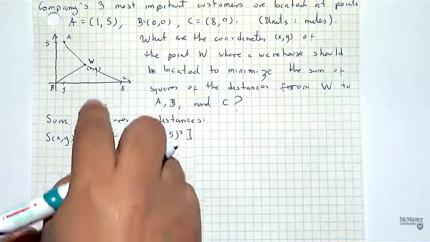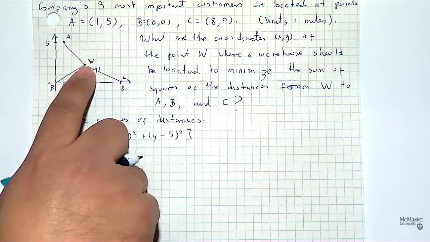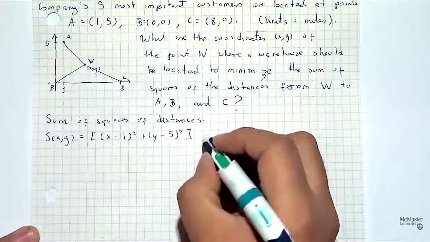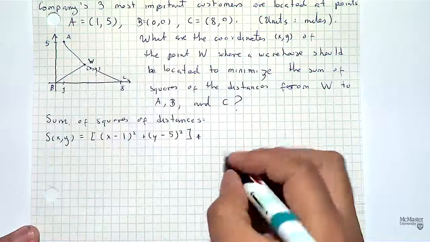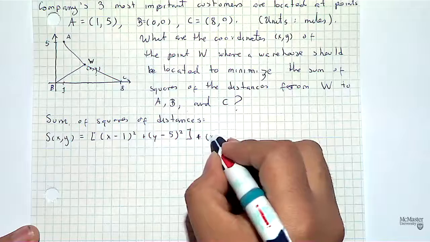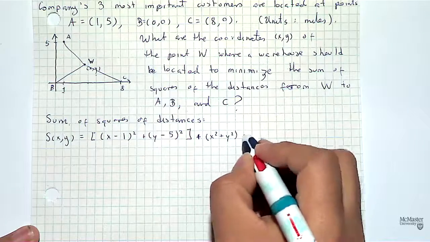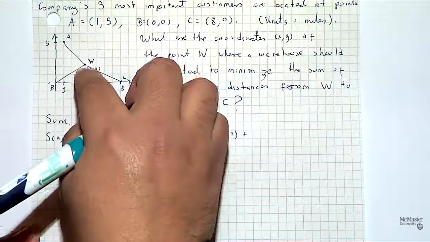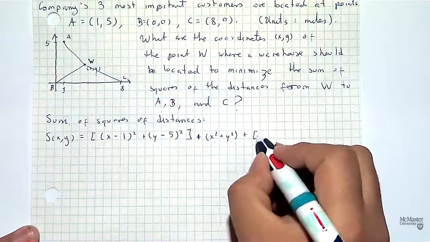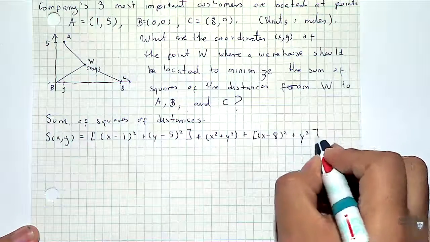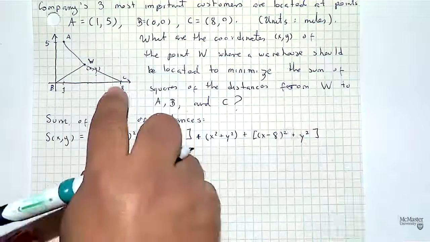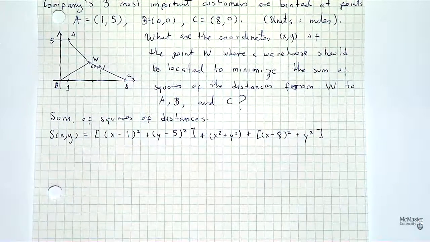So this accounts for this distance from W to point A. Then you consider the distance from W to point B. So this is just x squared plus y squared. And then you consider the distance from W to C. So you have (x minus 8) squared plus y squared, because C has a 0 y coordinate.